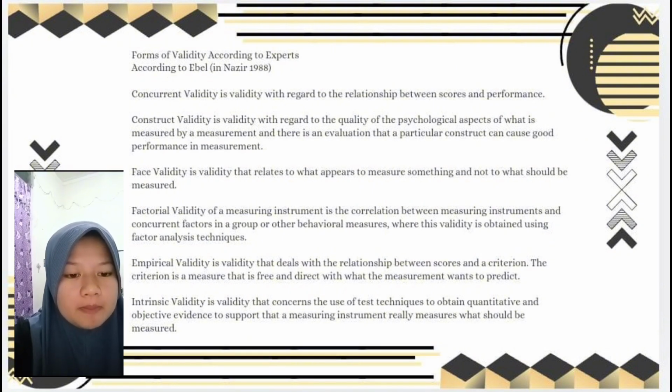5. Empirical validity is validity that deals with the relationship between scores and a criterion. The criterion is a measure that is free and direct from what the measurement wants to predict. 6.